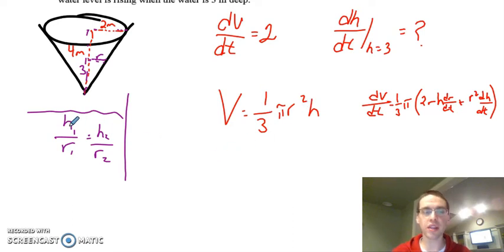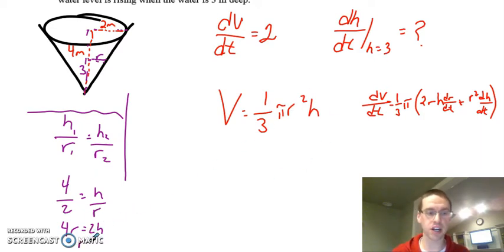If I know that the height and radius are proportional here, we can actually substitute in. I know that my radius and my height, 4 over 2, is always going to equal h over r. So I'm going to get 4r equals 2h, and I need it in terms of what we're looking for. We're looking for h, so I need to make sure that I'm substituting in for r.